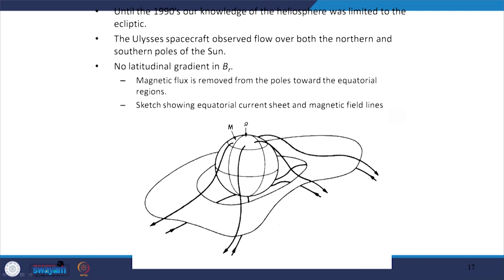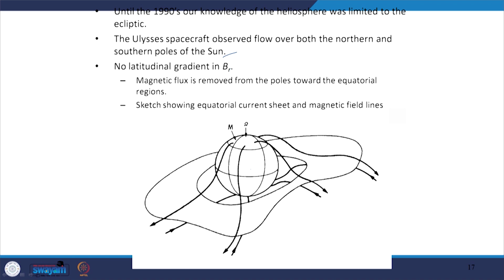Until the 1990s, our knowledge of the heliosphere was limited to the ecliptic. We always used to think that whatever happens in this plane is everything. The Ulysses spacecraft observed flow over both the northern and southern poles of the sun. That means the solar wind flow can actually be from the polar regions as well.